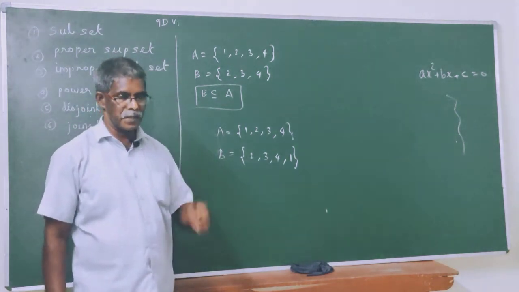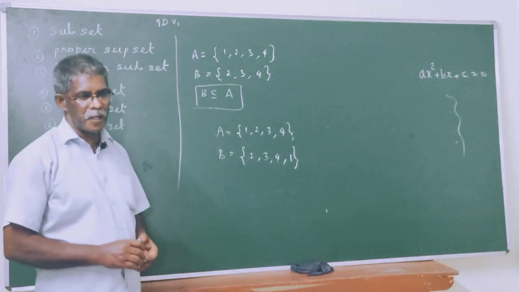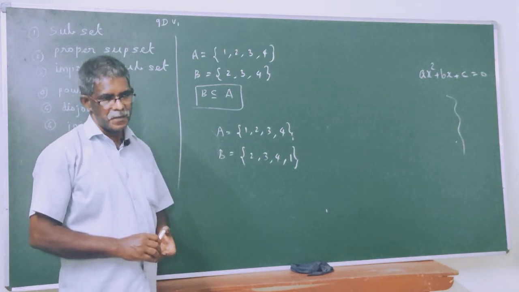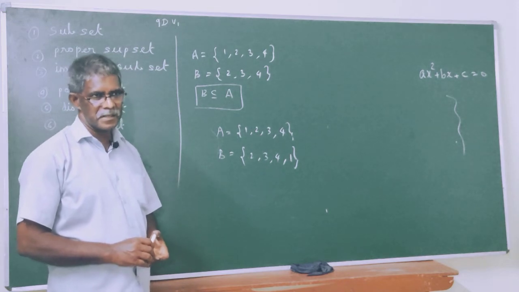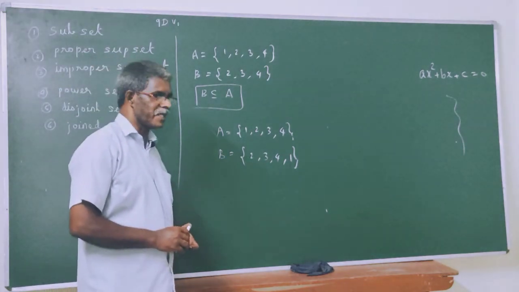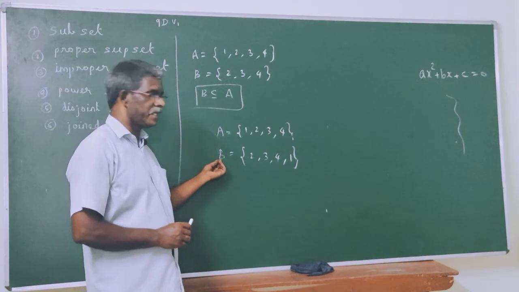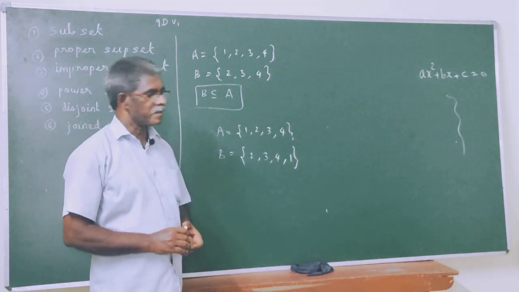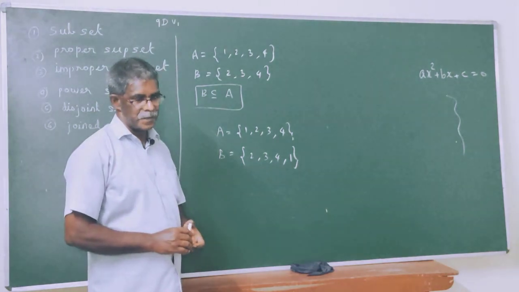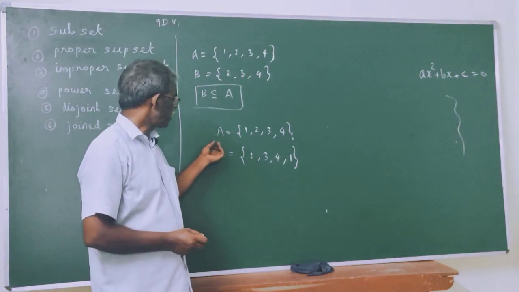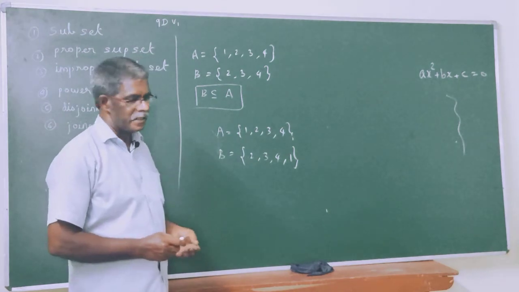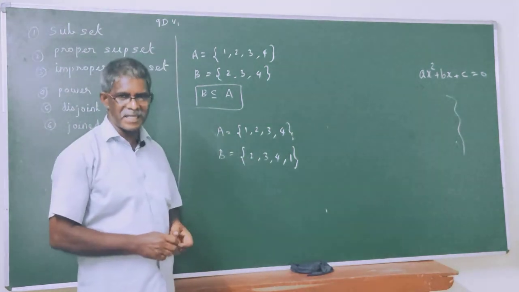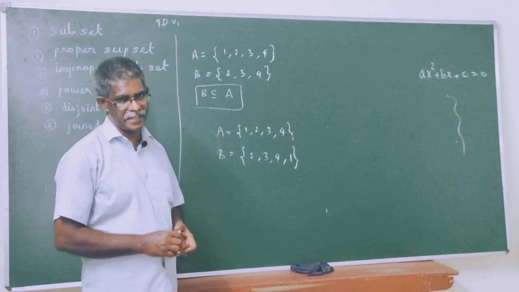Here we are going to learn the meaning of proper subset and improper subset. Proper subset means the number of elements of B is less than the number of elements of A.